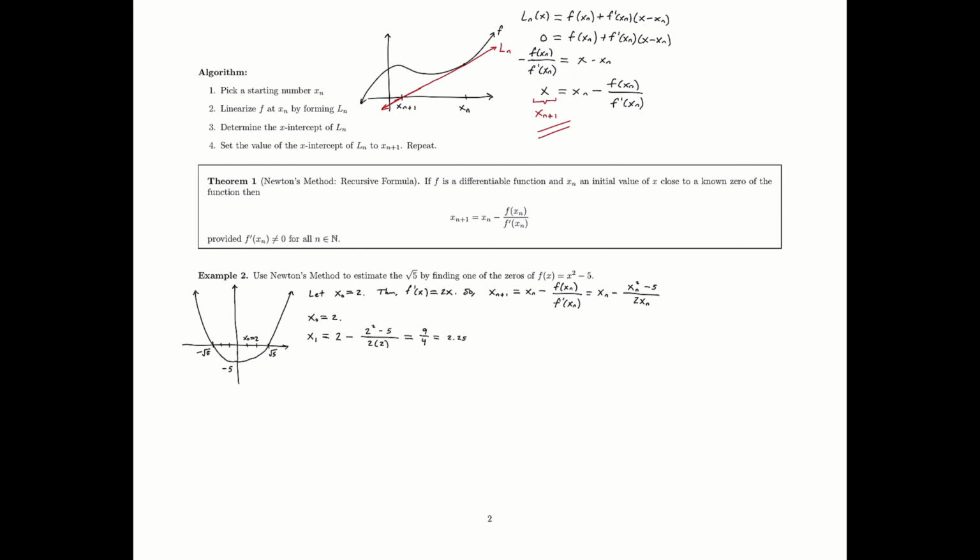So then our next x value, x2, will come from plugging in 2.25 instead of plugging in 2. So this will be 2.25 minus 2.25 squared minus 5 all over 2 times 2.25. This turns out to be 161/72, which, if we round this to 5 decimal places, is 2.2361.